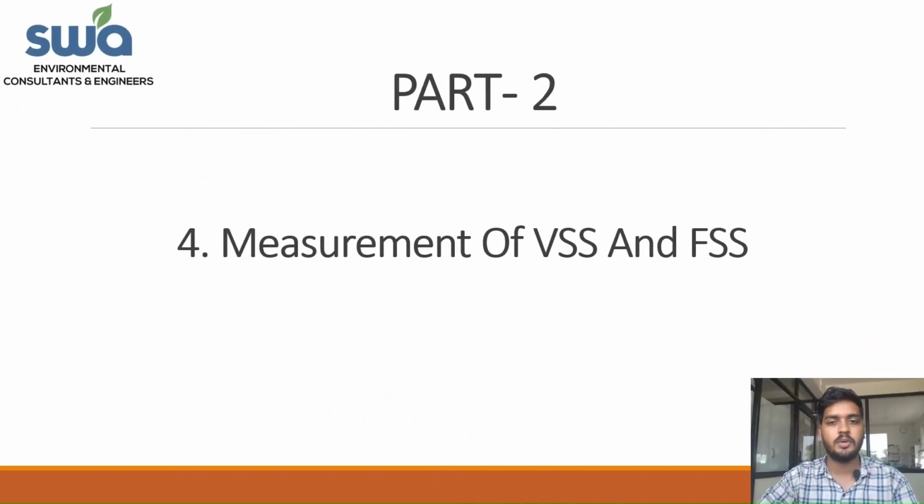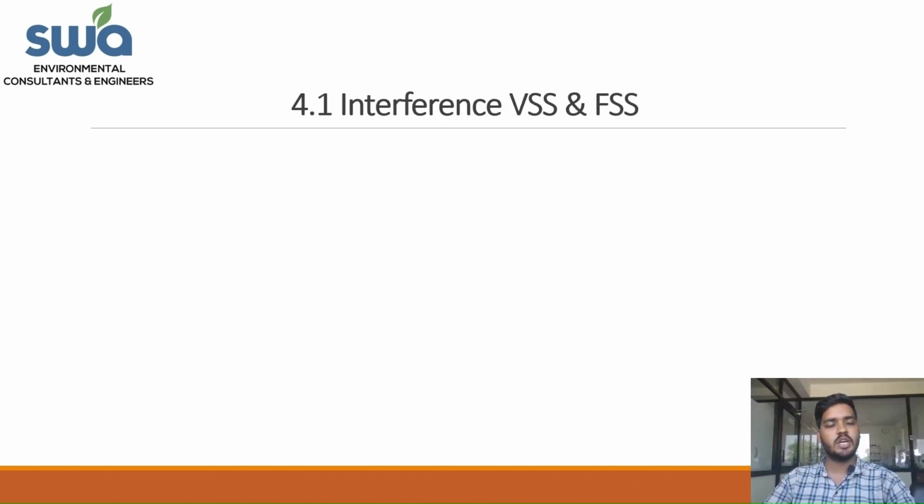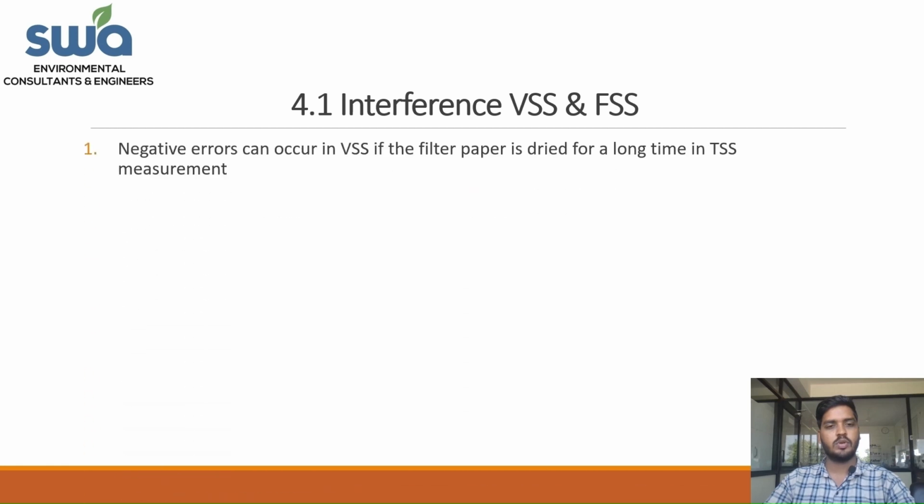Now let's see the measurement of volatile suspended solids and fixed suspended solids. Let's see which kinds of interference there can be while measuring volatile suspended solids and fixed suspended solids. Firstly, as we have seen initially in the interference of TSS, negative errors can occur in VSS if the filter paper is dried for a long time.